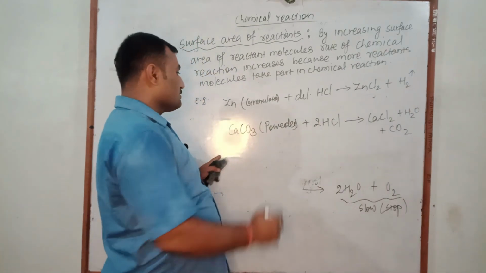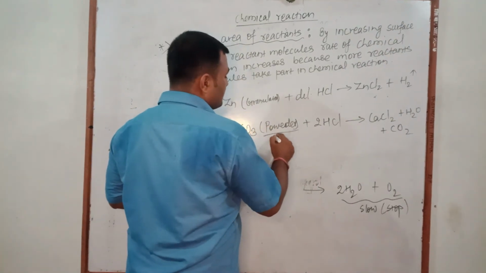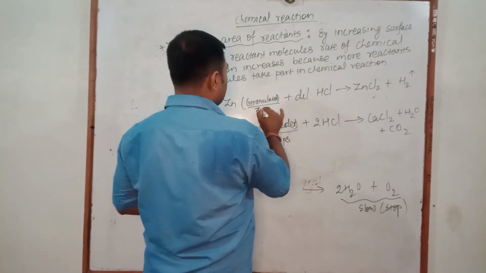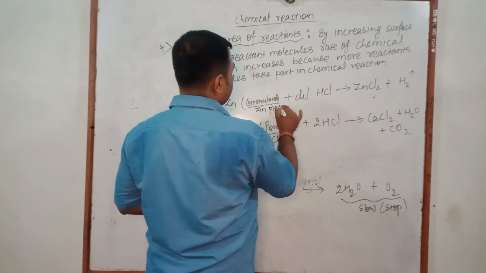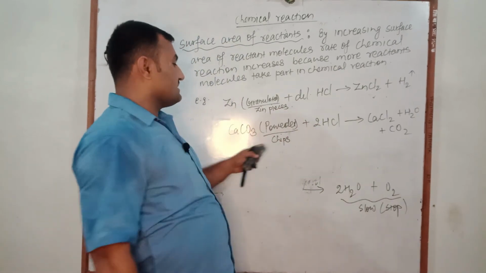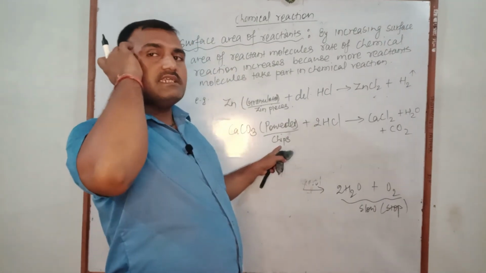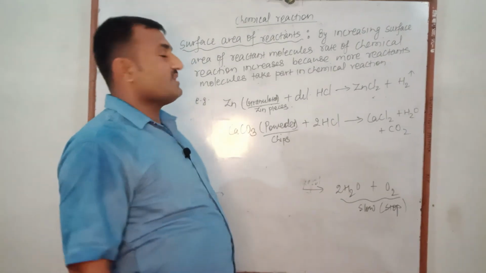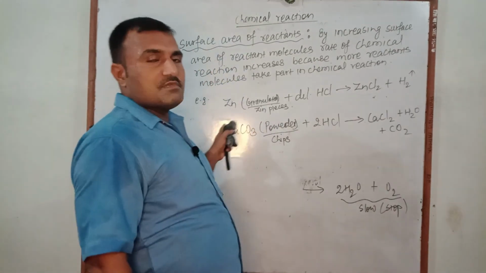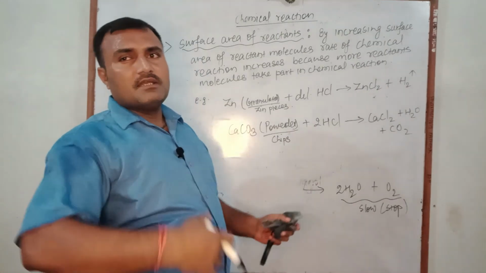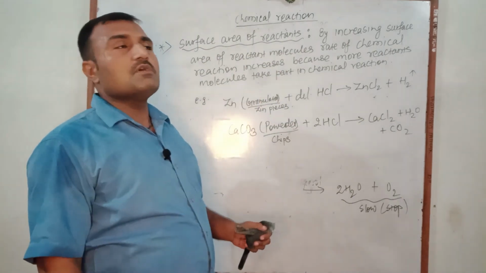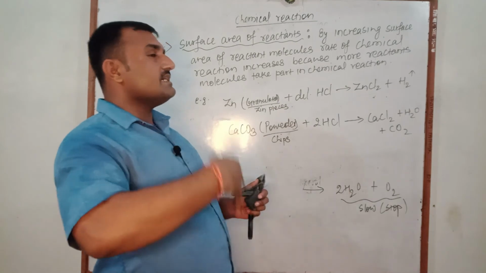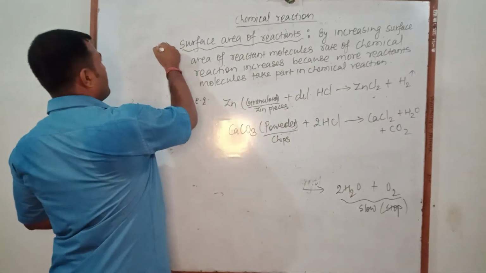In this reaction also, we can take chips, or large pieces. When we take chips, they comparatively have low surface area and the rate becomes slow. But when we take powder of limestone, then in a fraction of a second the reaction gets completed. Why? Because more surface area of reactant takes part in the chemical reaction and the reaction becomes fast.